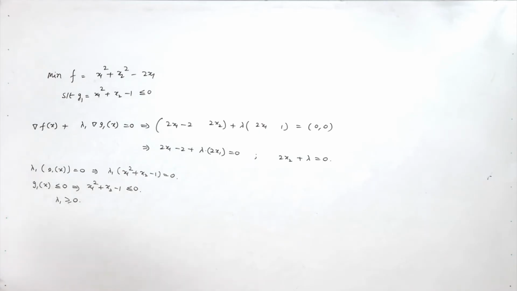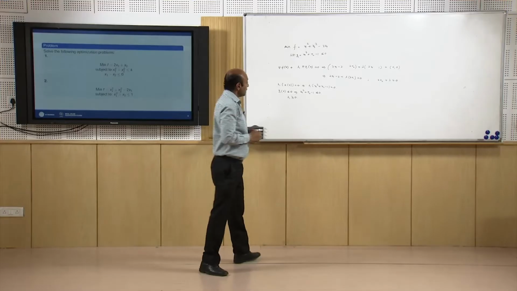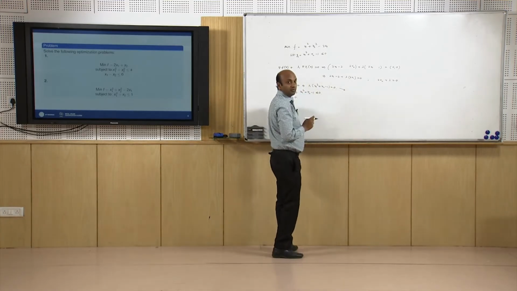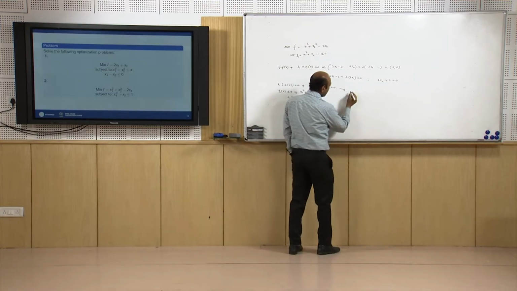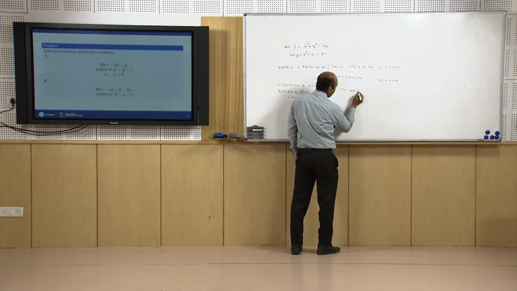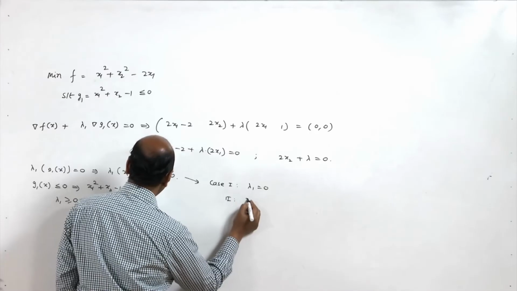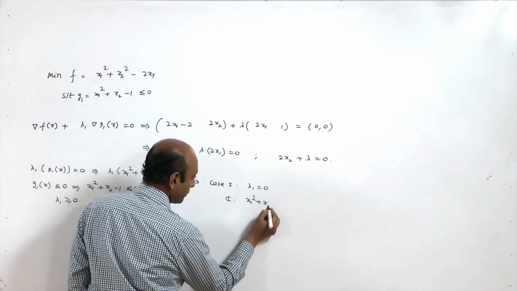So, these are the 4 KKT conditions. Now, from this condition we will have 2 cases. Case 1 when lambda 1 equal to 0, and case 2 when x1 square plus x2 minus 1 equal to 0.